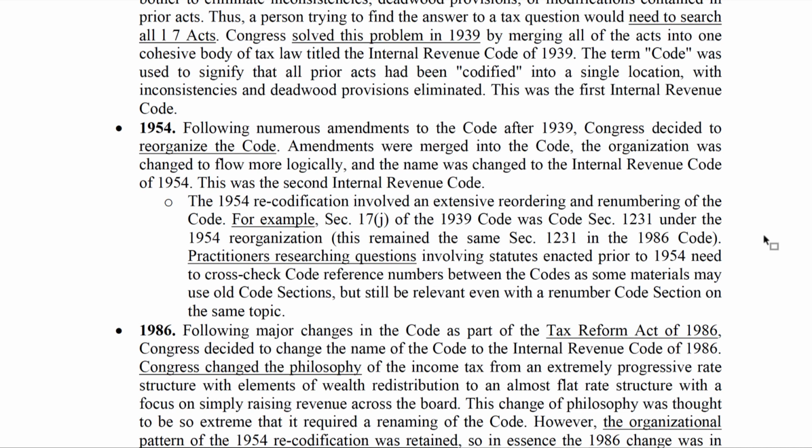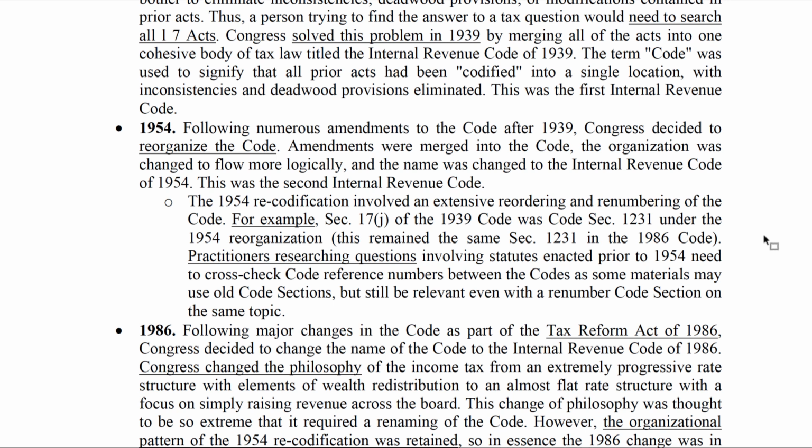So Congress decides to reorganize the code using the numbering system. And that numbering system you're going to see in 1986 has stayed pretty much the same since 1954. But one thing to note is that in 1954, with the renumbering, you might have a code section in the 1939 code. For example, section 17J of the 1939 code was renumbered section 1231, which is a big code section in income tax.